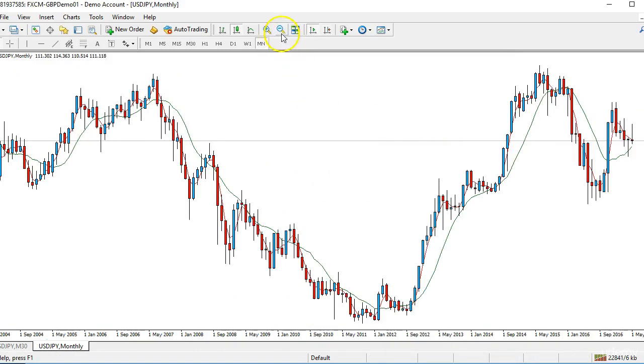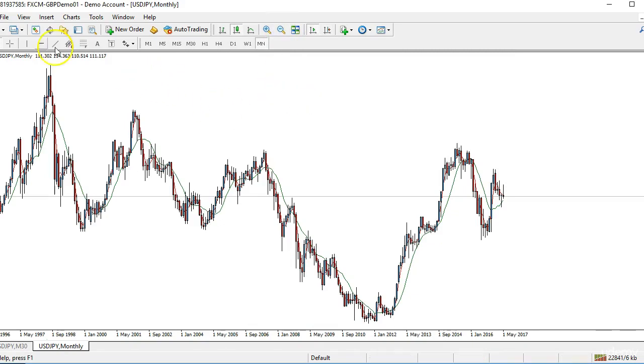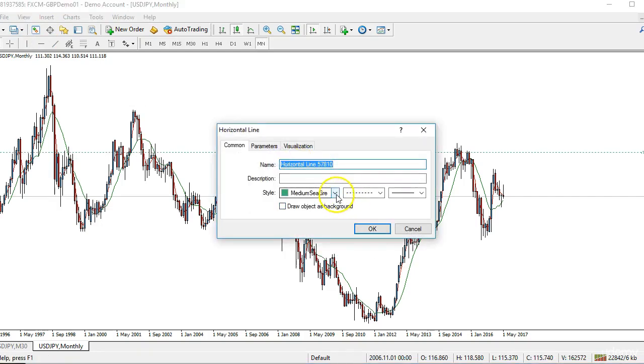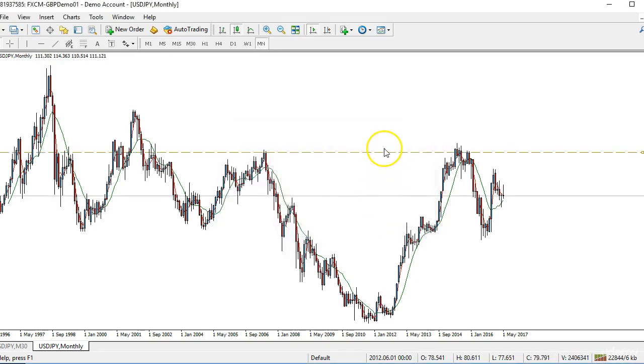The first thing is, when you shrink out to the monthly chart, there is a level here which is a very powerful level. This is called a resistance level, a monthly resistance level.